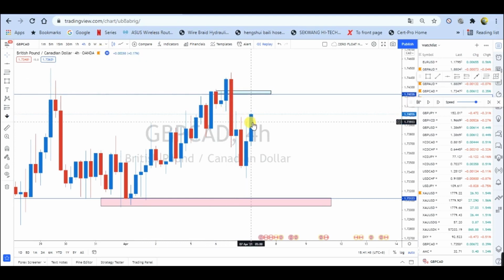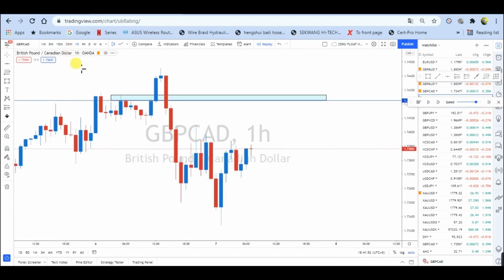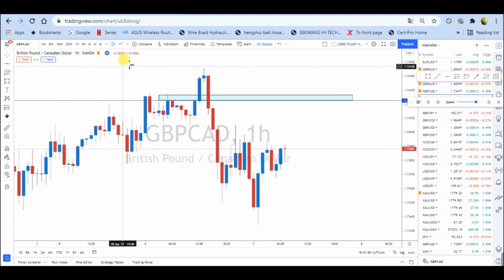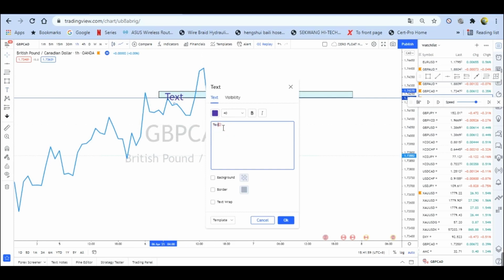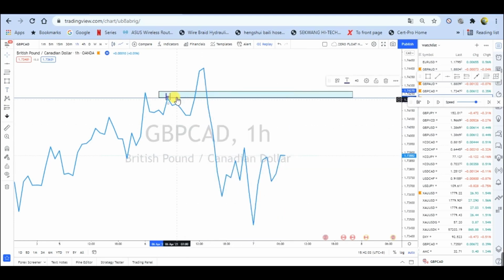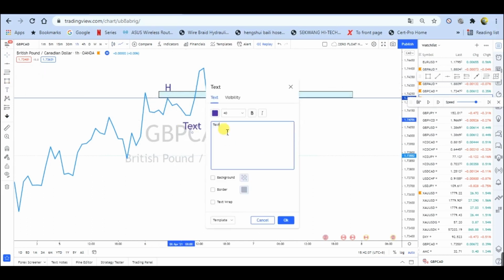What we should do now is we do not want the price to be a late retest. We want it to be a quick retest. So first we mark the structure. Change back to the line chart. Here we have the high. Then we have the low here.